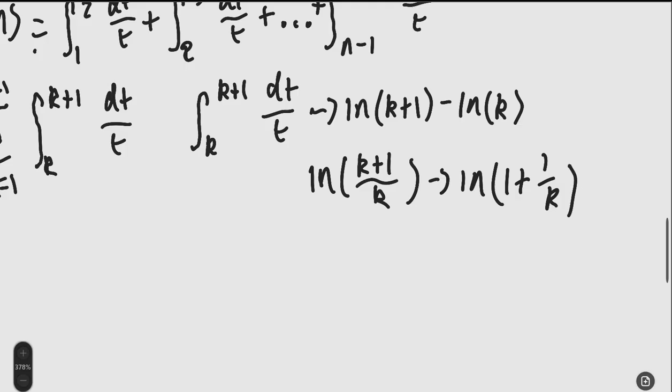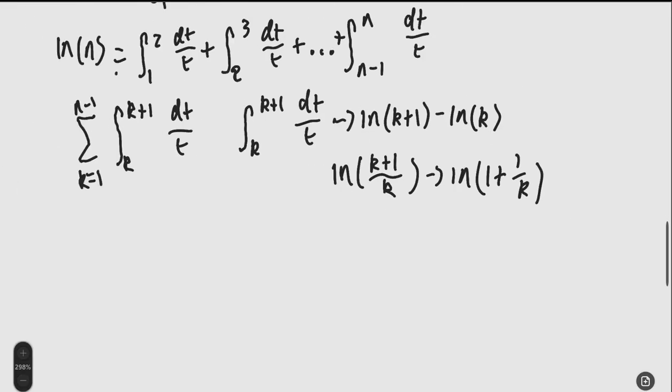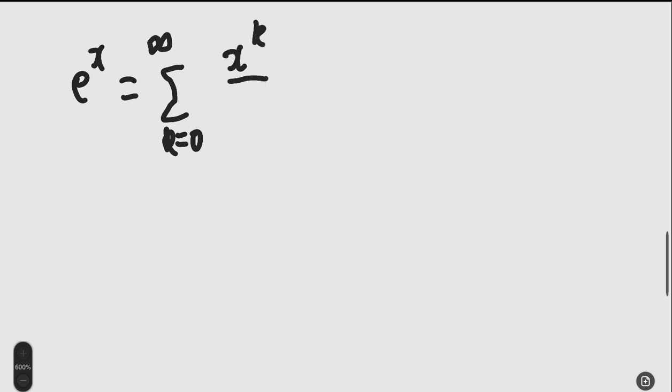Let's have a look at 1 plus 1 over k. Now, we have a very similar definition for the Taylor expansion of e to the x. So if we have a look at e to the x, this is nothing but the sum running from k equals 0 to infinity of x to the k over k factorial.